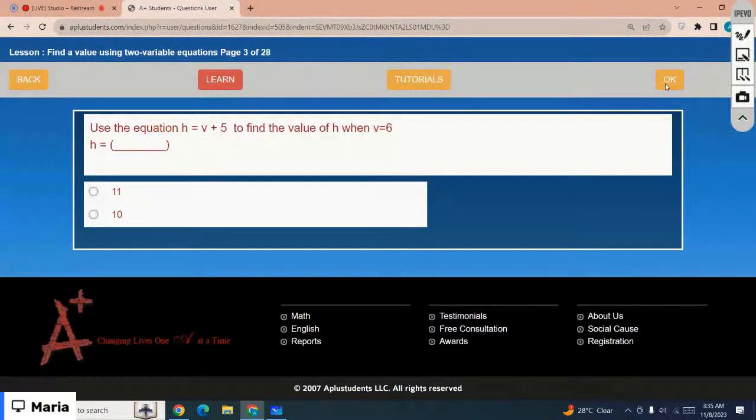Yes, the correct option is 11. You simply have to add.